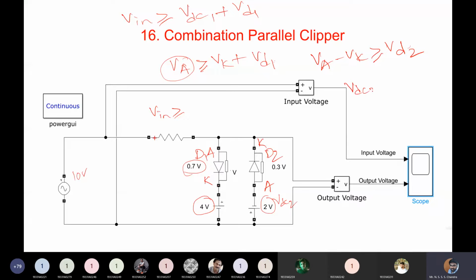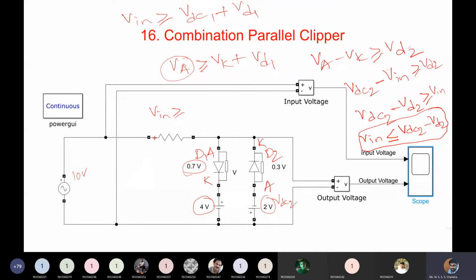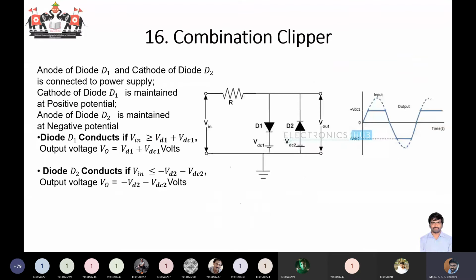So VDC2 minus VK, and at VK I have my input voltage, so VDC2 minus VIN should be greater than or equal to VD2. The only variable I have is the input voltage VIN, so I take it to the other side. The condition is VDC2 minus VD2 greater than or equal to VIN, or VIN is less than or equal to VDC2 minus VD2. This is the condition, and that's what we are writing here.